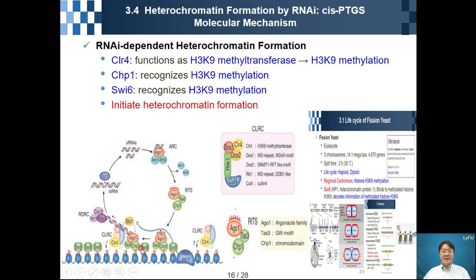Usually CHP1 in the RITS complex is the chromodomain. The chromodomain can bind to the methylated histone H3K9, and it also recruits SUI6. SUI6, as we learned, is HP1, which binds to methylated histone H3K9.